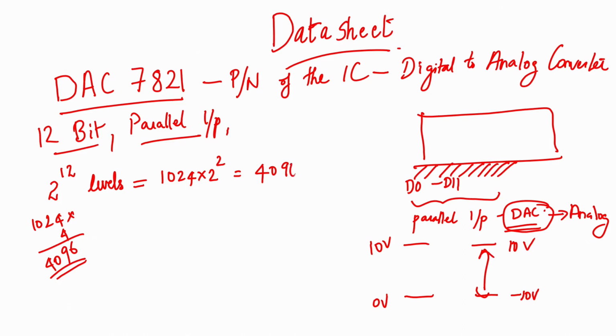So, 4096 levels are possible because it is a 12 bit DAC.